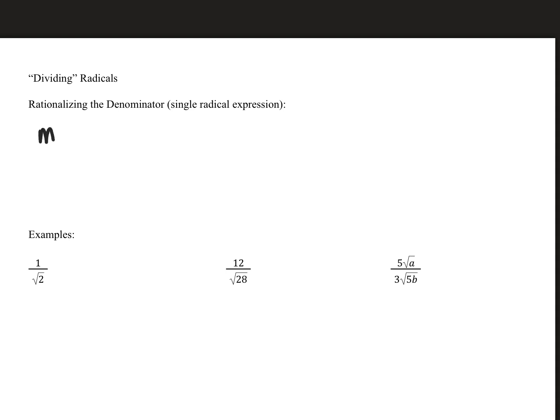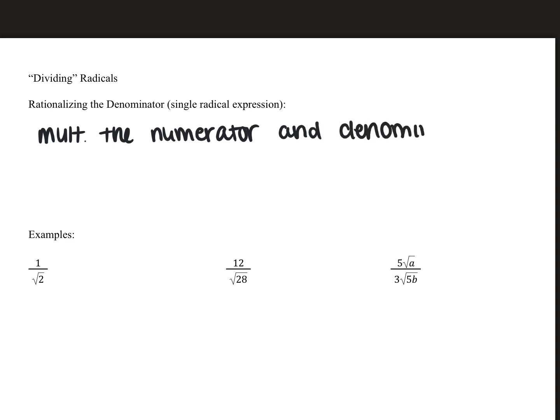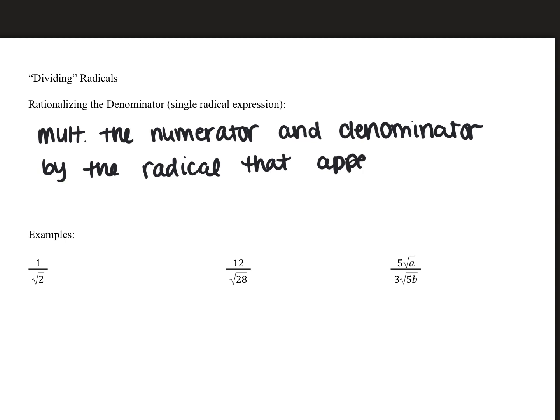So what we do is we multiply the numerator and denominator by the radical that appears in the denominator.